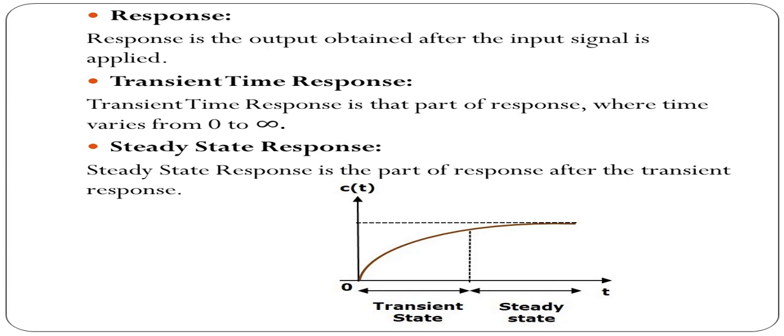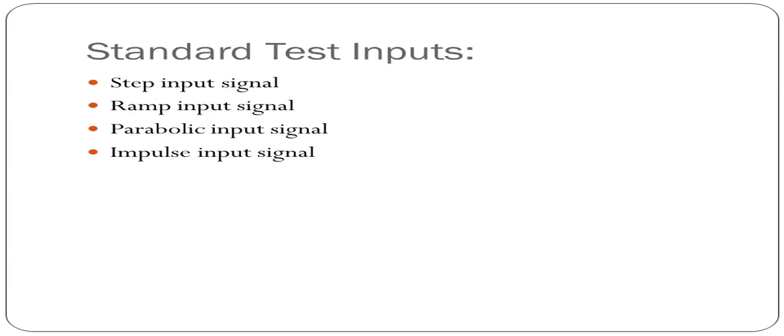Steady state response is the part of response after the transient response. Now, some standard test inputs used are step input signal, ramp input signal, then parabolic input signal, impulse input signal.